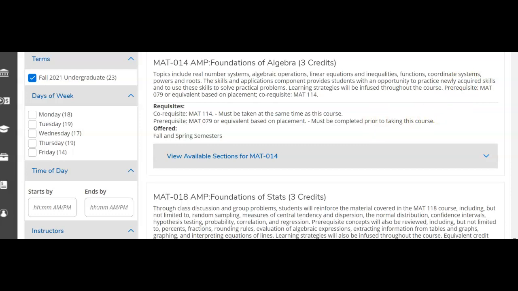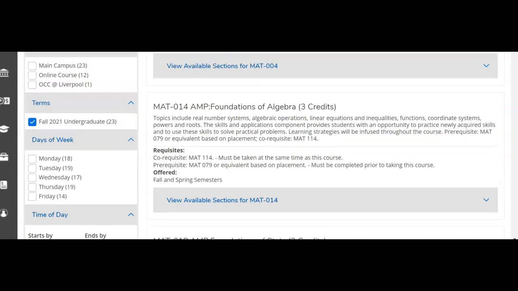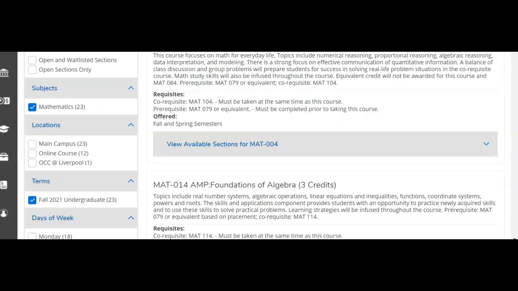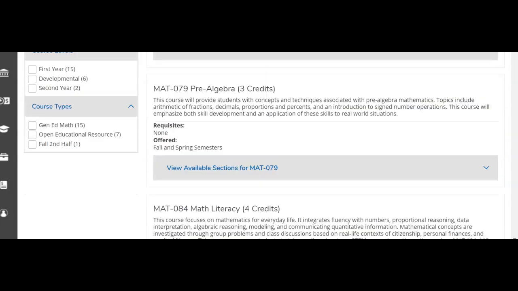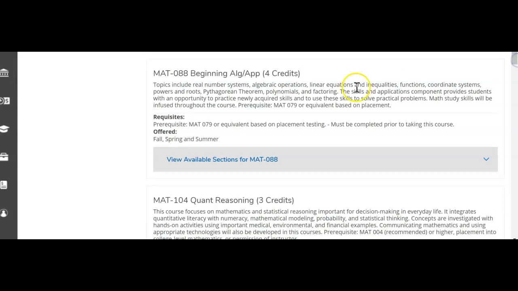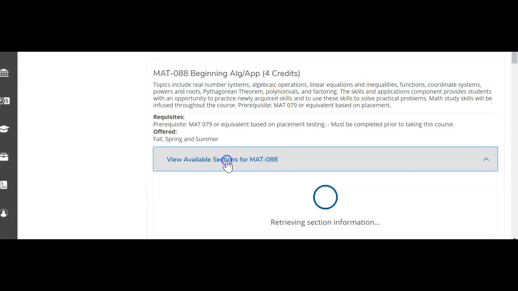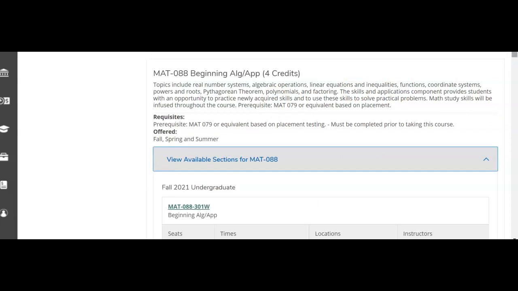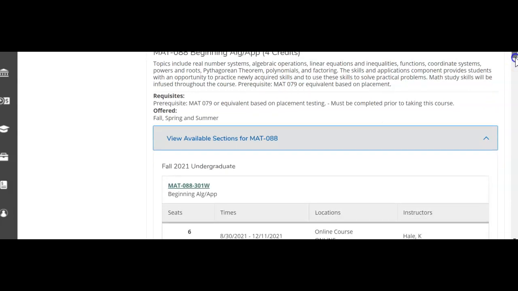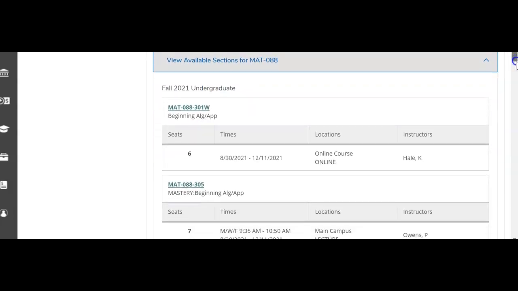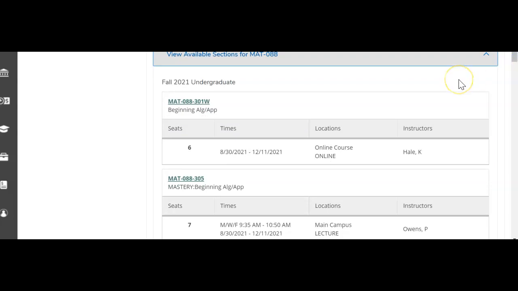The mastery sections are when you watch the lectures on computer and then you go to class and work problems. Now the same thing applies to Math 88, by the way. If you're starting a ways back with math, it's been a long time, you're going to run into the same thing with the mastery section.